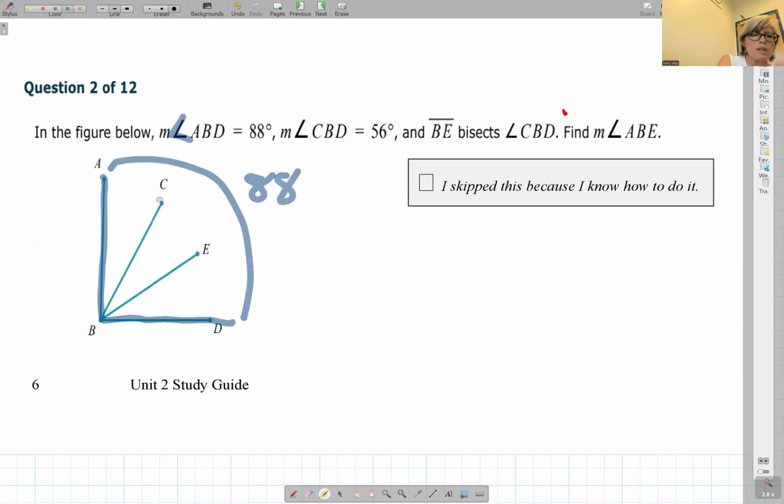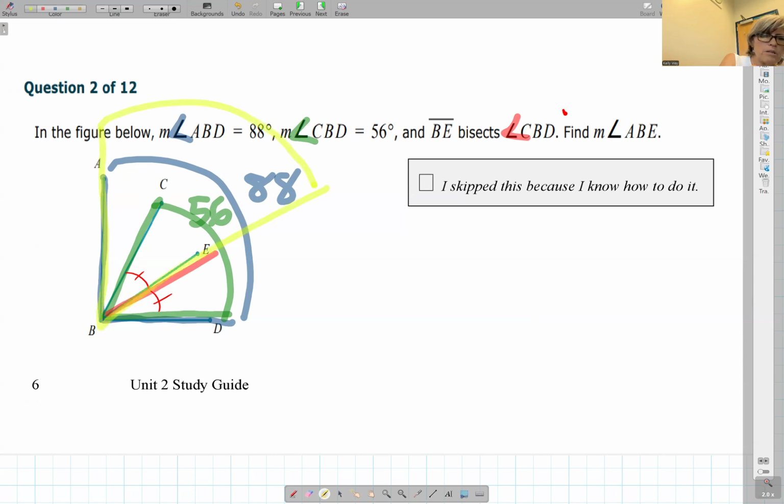CBD, C, B, D, trace and sweep, is 56. BE bisects CBD, so BE cuts the green angle in half. So this is true. And our goal is to find ABE.